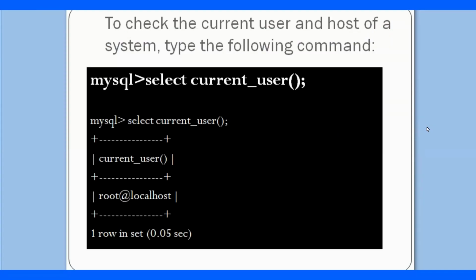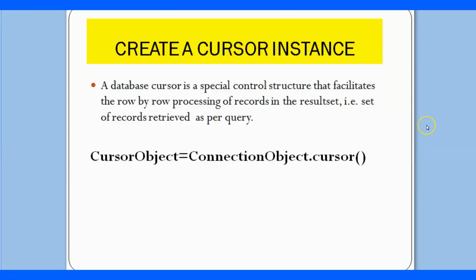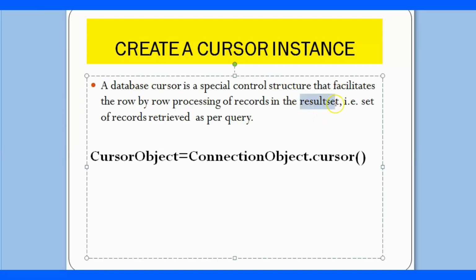Let us move on to the next slide. Creating the cursor instance. Let us read this. A database cursor is a special control structure that facilitates the row-by-row processing of records in the result set. What is meant by result set?